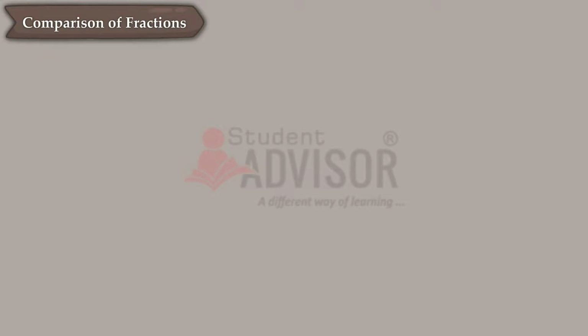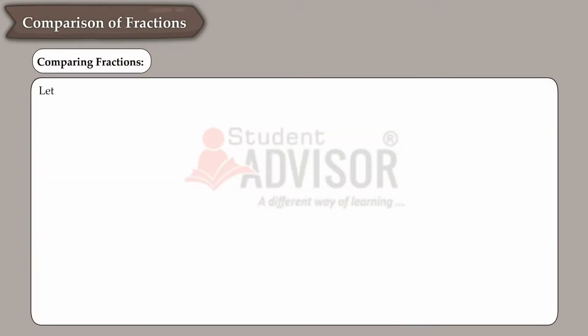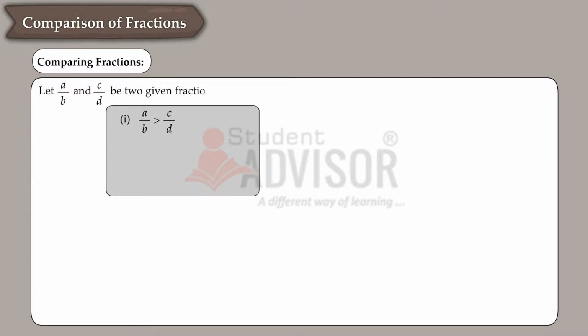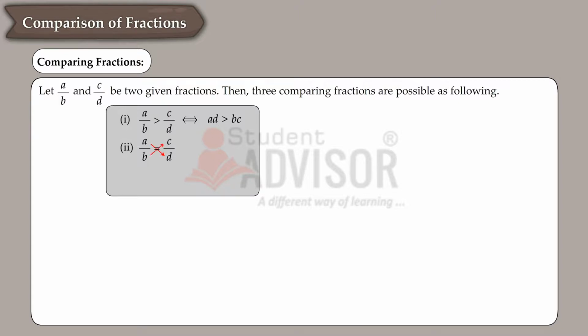Comparing fractions. Let a by b and c by d be two given fractions. Then, three comparisons are possible as follows. Study the given example.